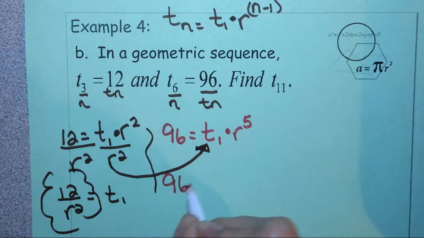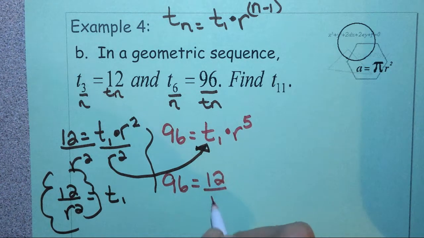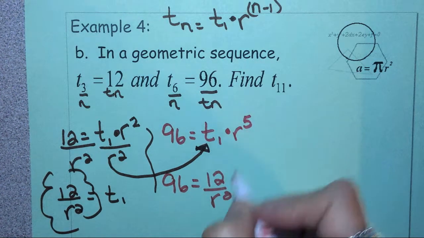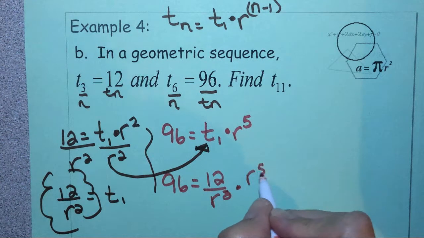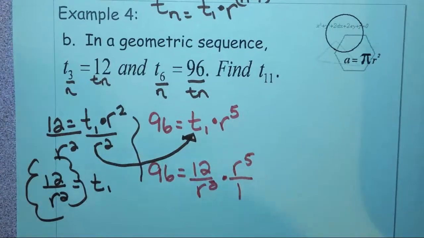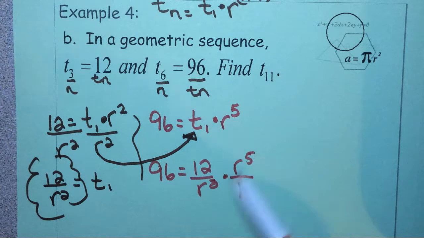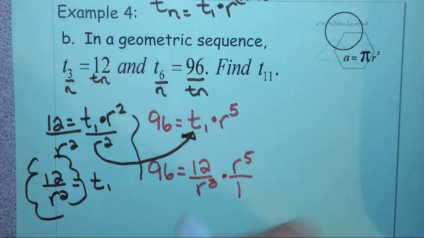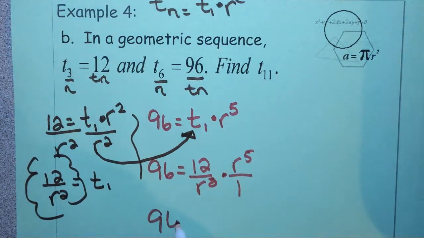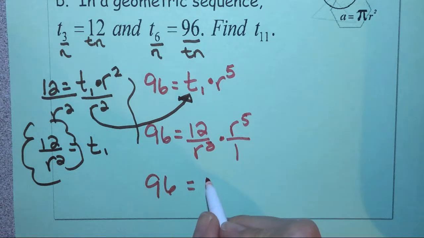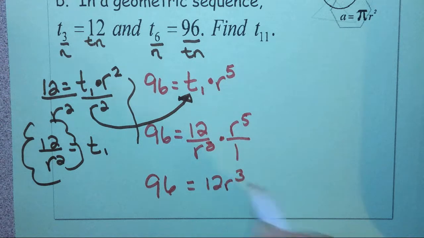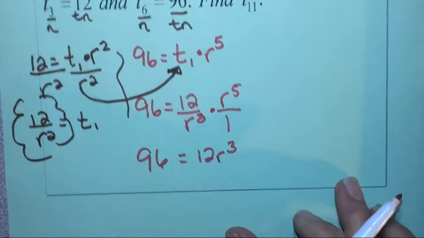So I have 96 equals 12 over r squared times, I'm going to bring this one down, r to the 5th. It's like it's over 1. If I have an r to the 5th on top and an r squared on the bottom, those cancel out. And we have 96 equals 12 r to the 3rd. Because 5 take away 2 is 3.